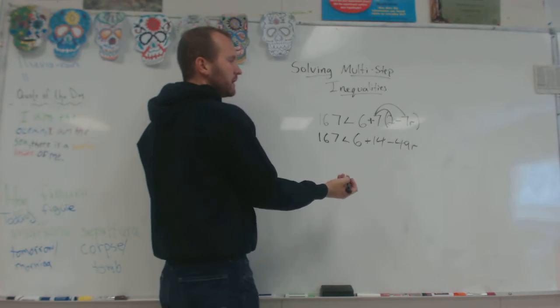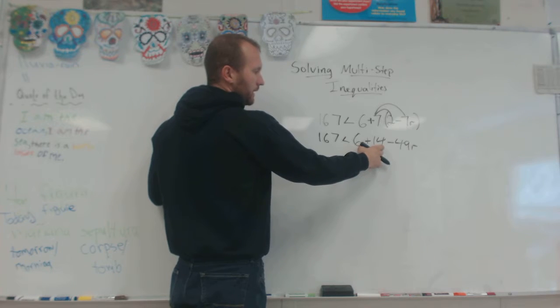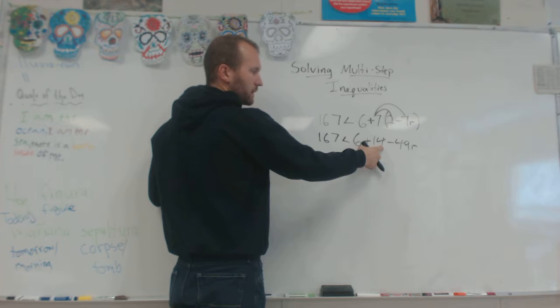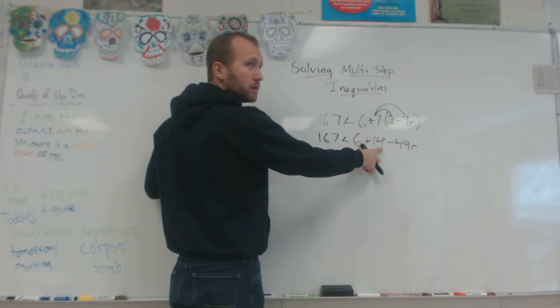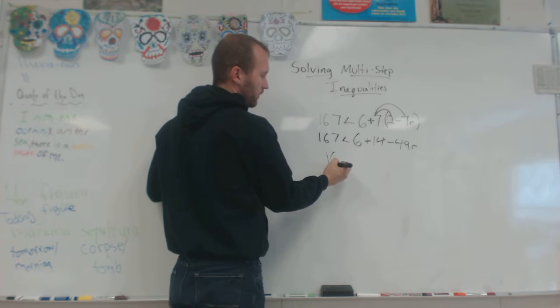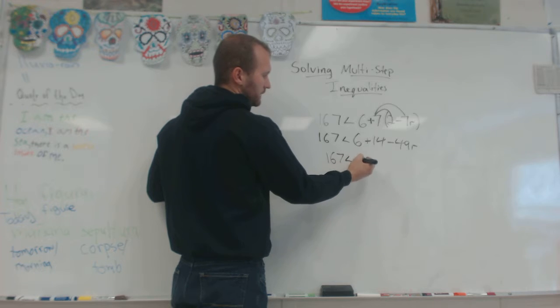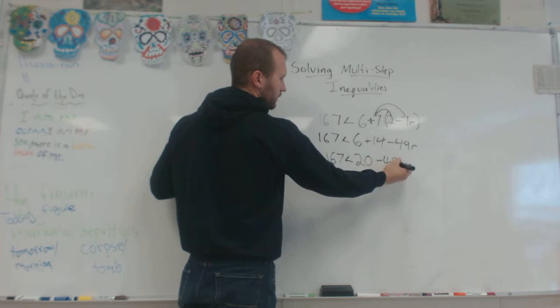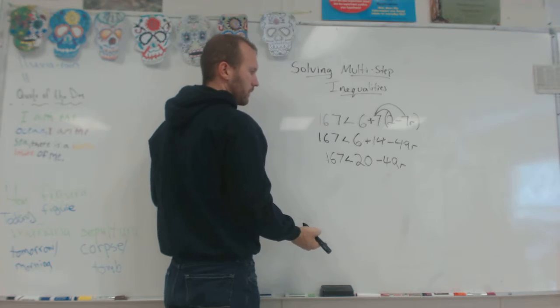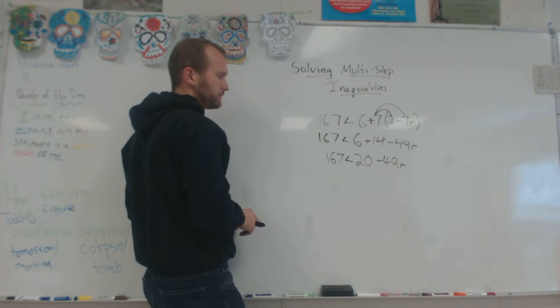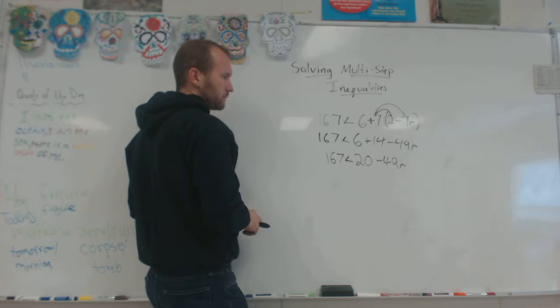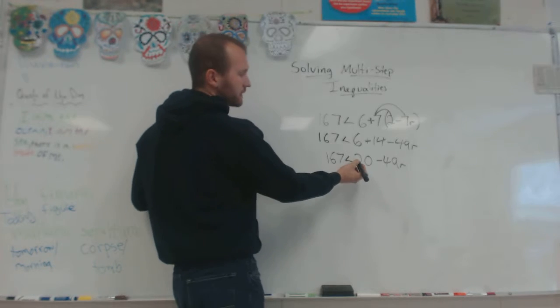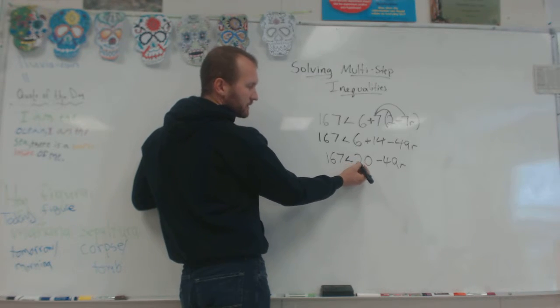Okay, now I don't even need to use the commutative property. I can combine my 6 and my 14, because neither one of them has a variable, right? So I have 167 is less than 20 minus 49r. We want to subtract 20 because this is a positive 20.